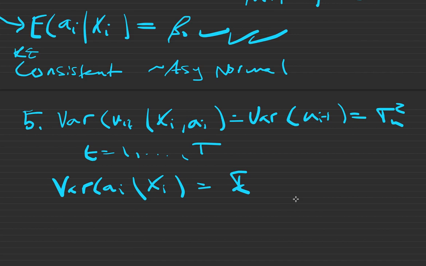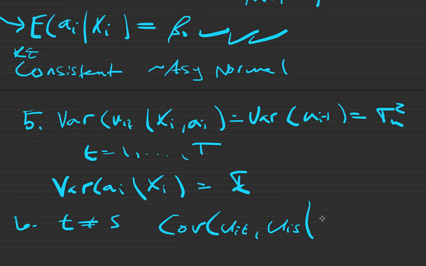And 6, for t not equal to s, the idiosyncratic errors are uncorrelated. So the covariance between u_it and u_is given x_i, a_i, that's equal to 0.